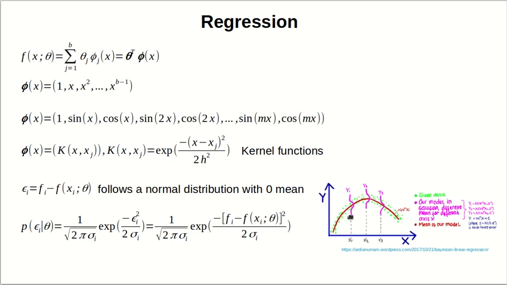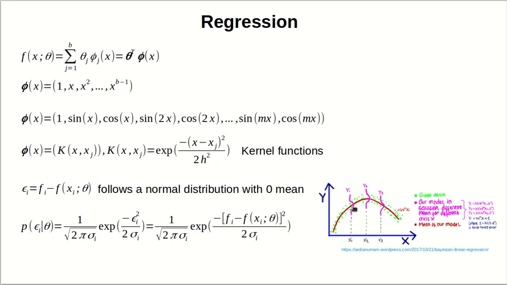So for every training data, say x1, x2, and x3, we have 3 training data here. What we are essentially constructing is some kind of Gaussian, and this Gaussian is centered around f, the prediction. The peak of the Gaussian is located at the prediction f, and it has a width given by sigma i, or the square root of sigma i.